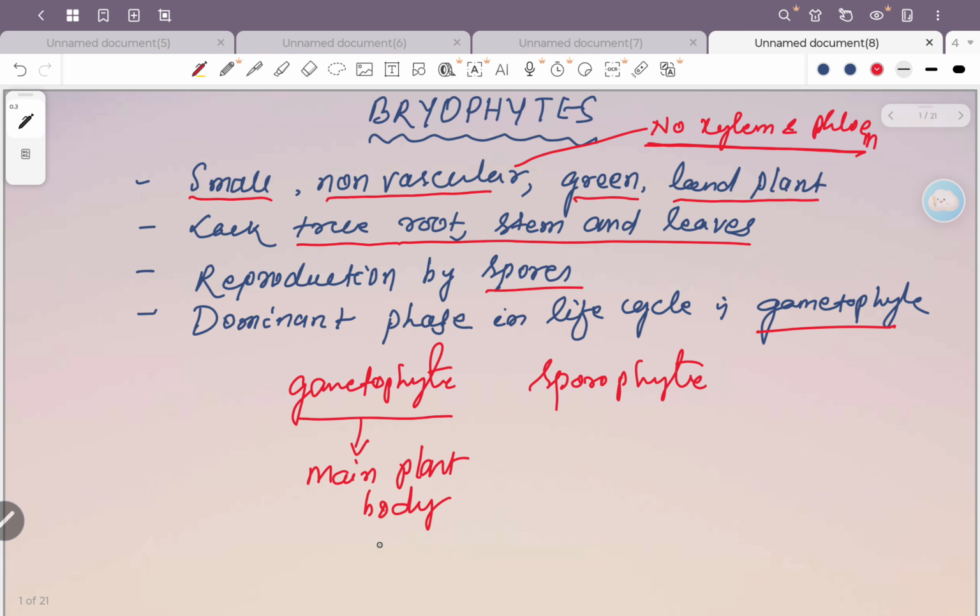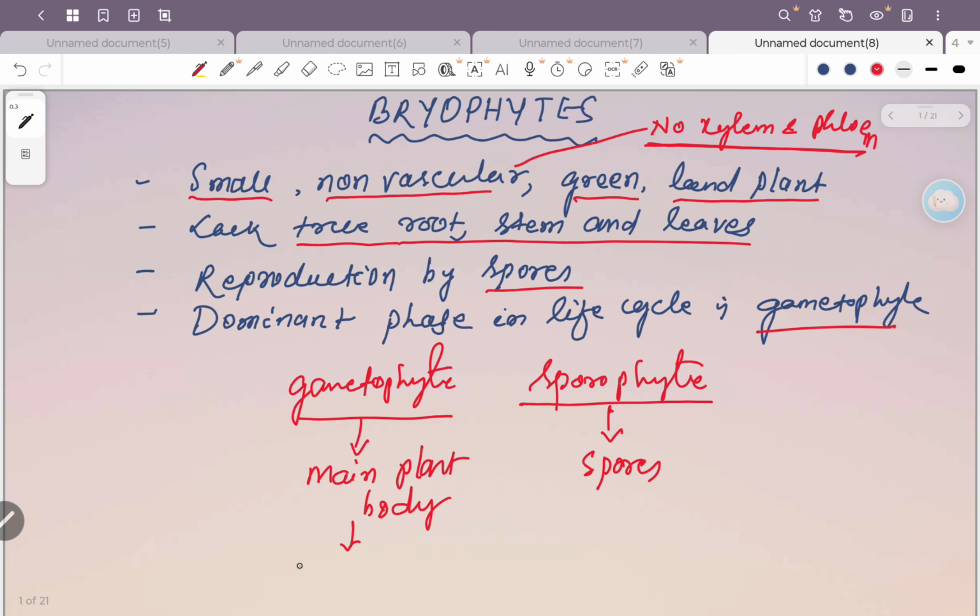It produces gametes and reproduces by sexual method. So gamete is produced, so it is sexual reproduction. Now by sexual reproduction, it gives rise to sporophyte. Now the sporophyte undergoes the asexual reproduction and it produces spores.